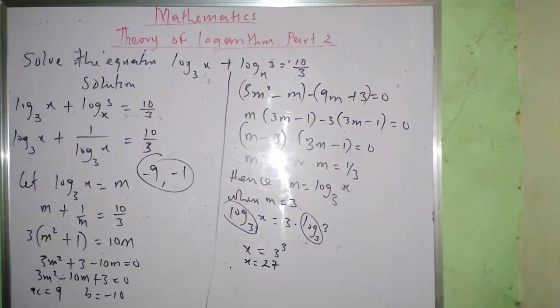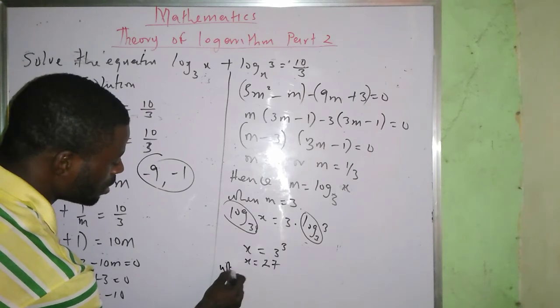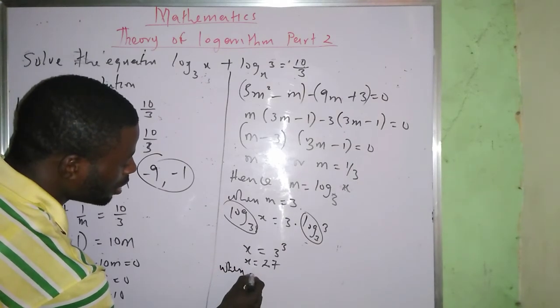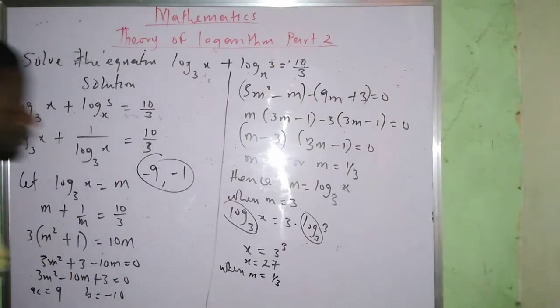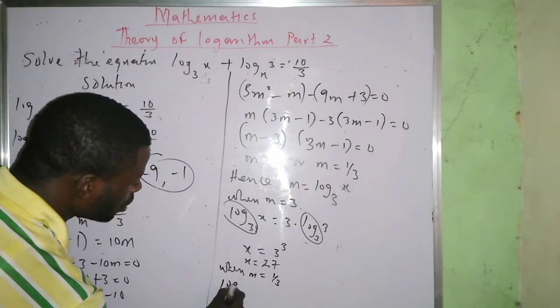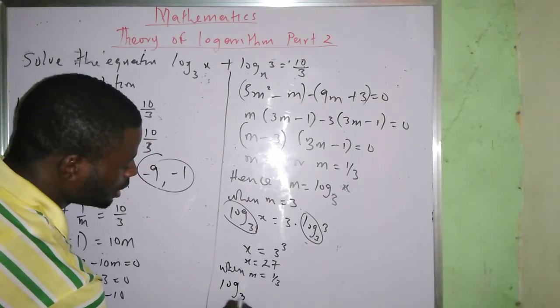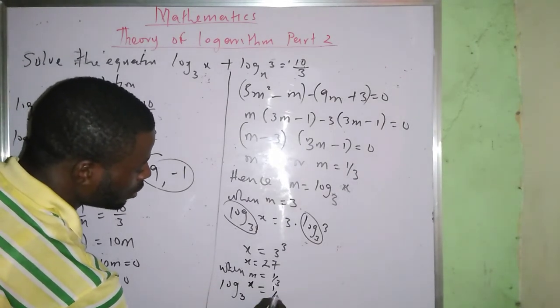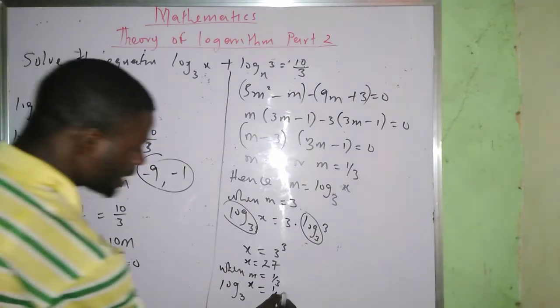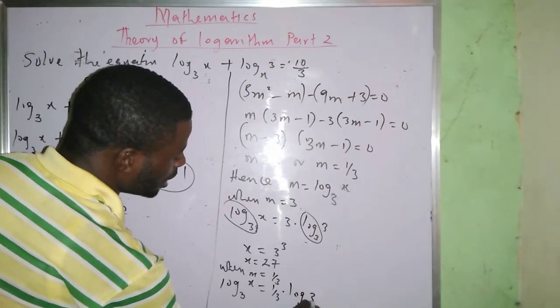And also, when my m equals 1 all over 3, it means log₃ x equals 1 all over 3. The same way, multiply this by log 3.